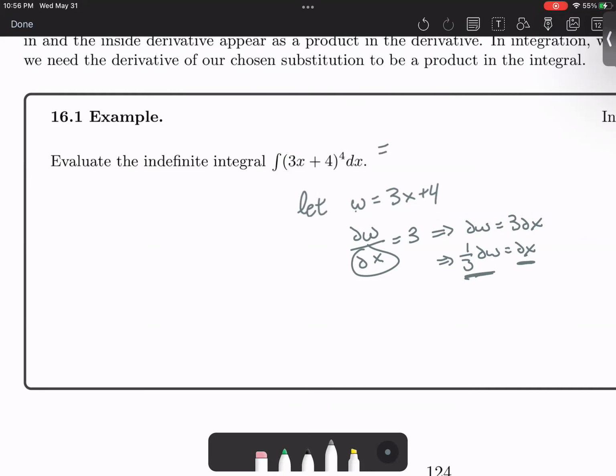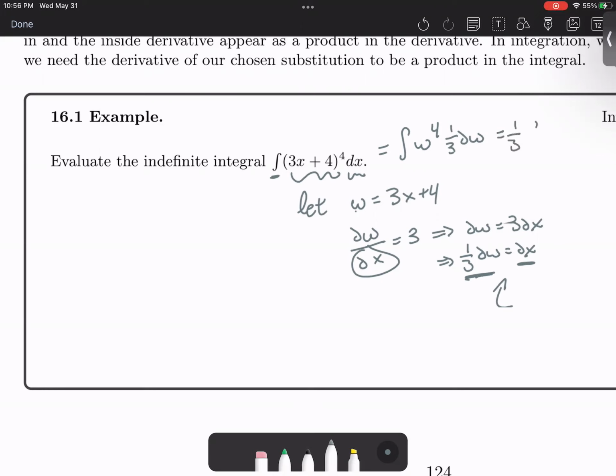So I can rewrite this integral as the integral of w to the 4, and then I can replace that dx with 1/3 dw. This is an easily solvable integral, right?